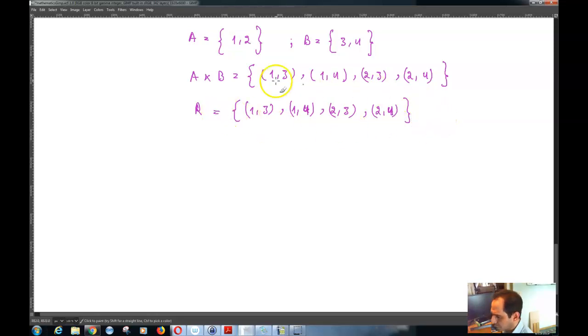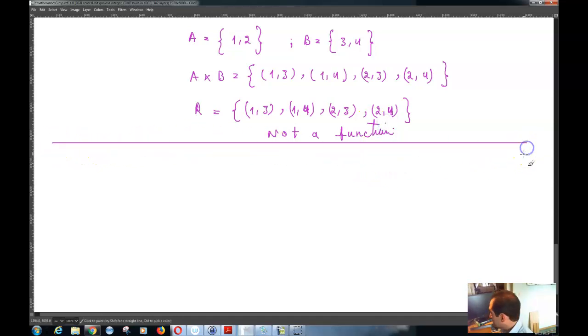And that would be R. Again over here you can see that 1 has been mapped to 3 and also 1 has been mapped to 4. 2 has been mapped to 3 and also 2 has been mapped to 4. So this is not a function.